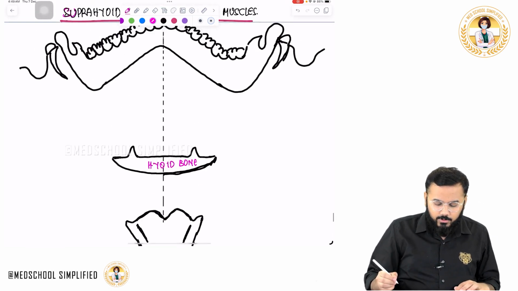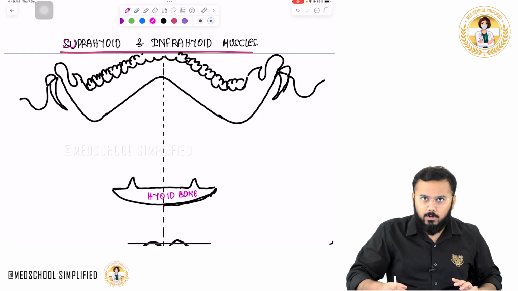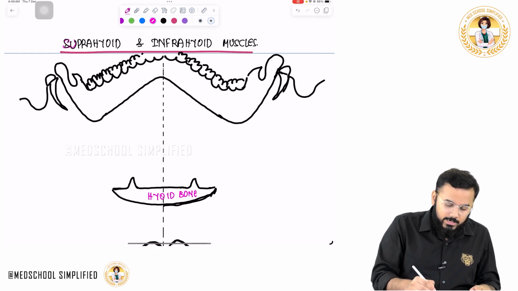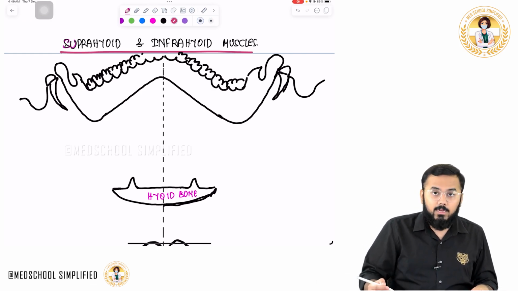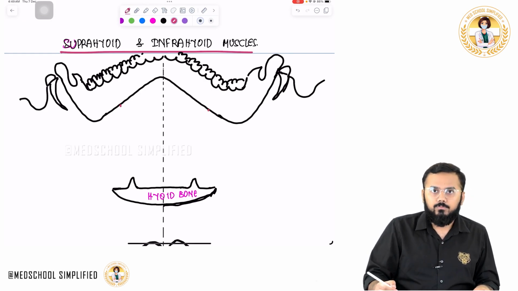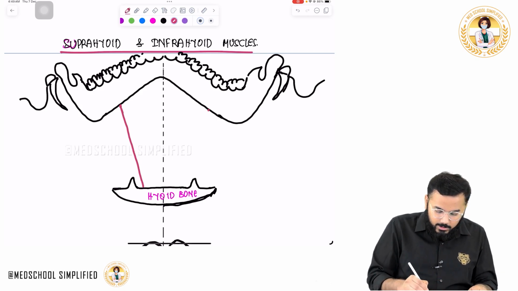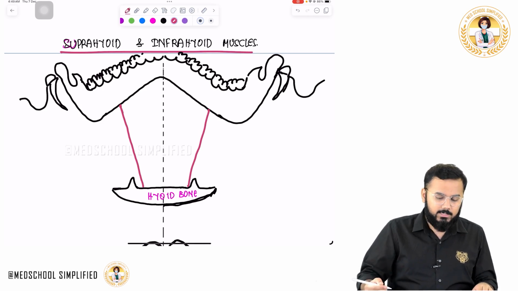Now we will discuss first the muscles that are present above the hyoid bone, and then the muscles that are present below the hyoid bone. So first of all, let us go with this. If you can see very clearly, from the lower surface of the mandible all the way to the body of the hyoid bone, you see a muscle here.